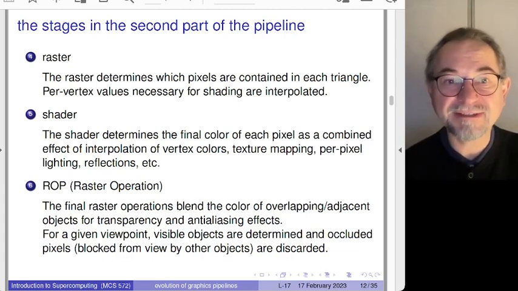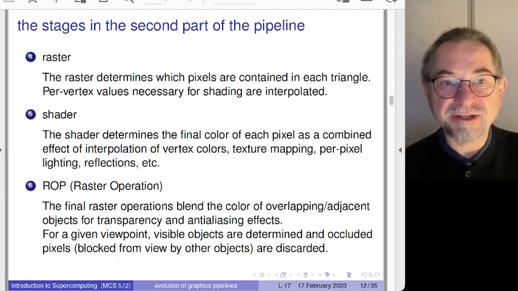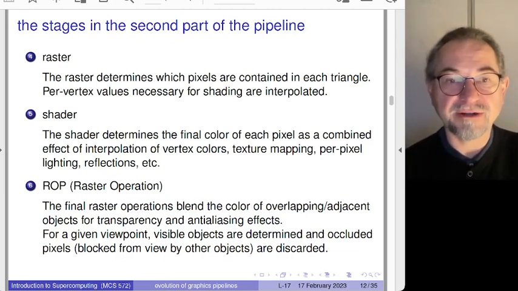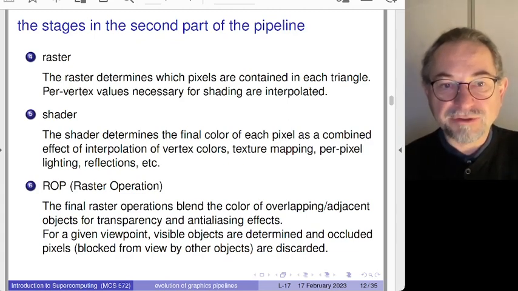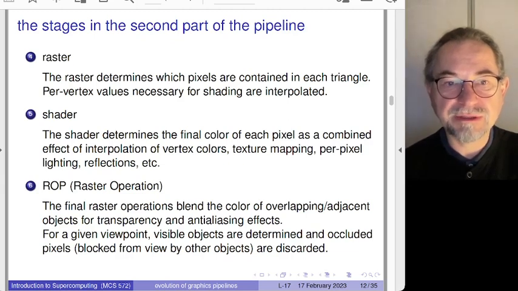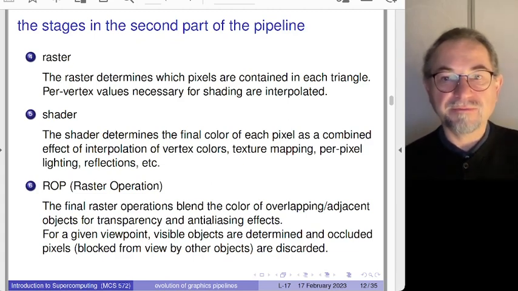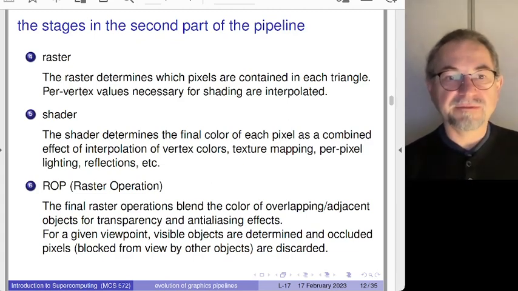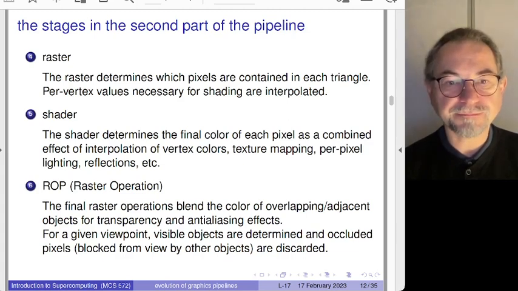So what is rastering now? You have to decide which pixels are in or out of every triangle. After the triangle setup, we figure out what are the edges. So one has to kind of combine the colors. One has the pixels that are kind of in between.